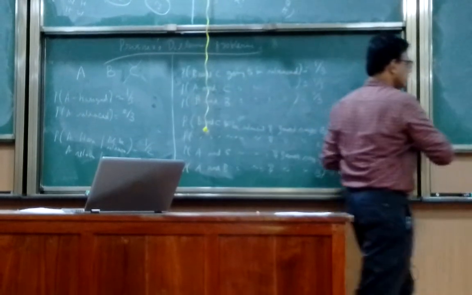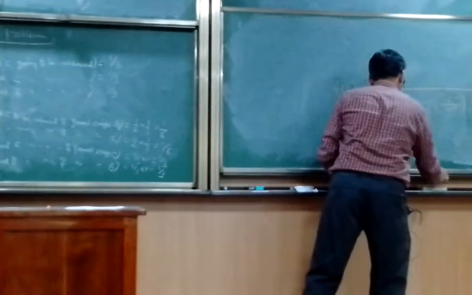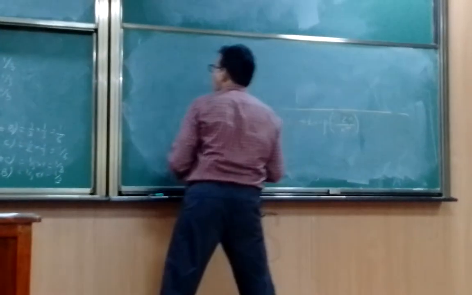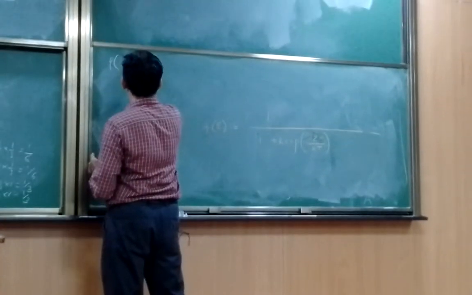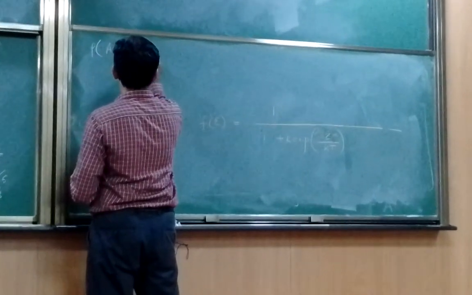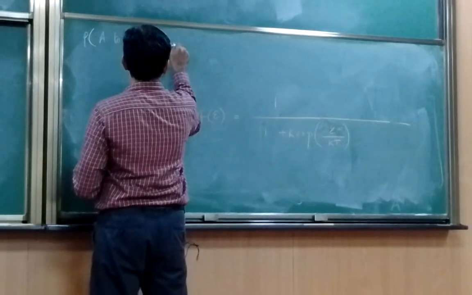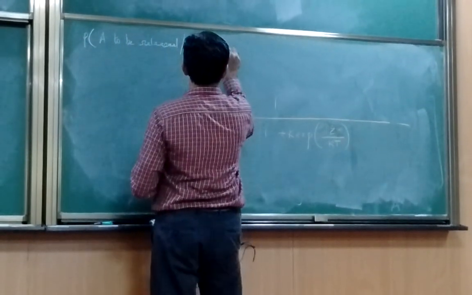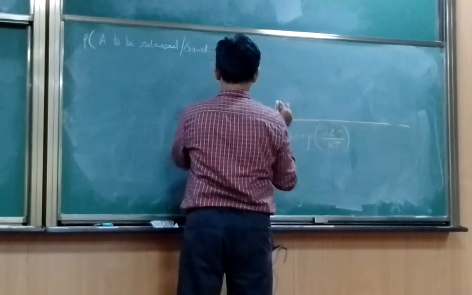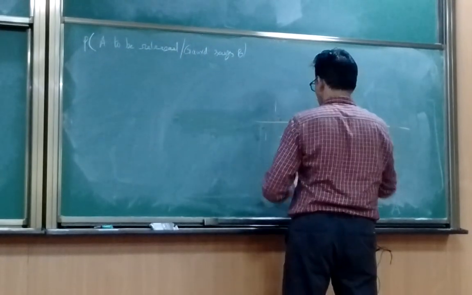Okay. What are we supposed to find? The probability that A is going to be released given that God says B. This is what we are interested in finding.